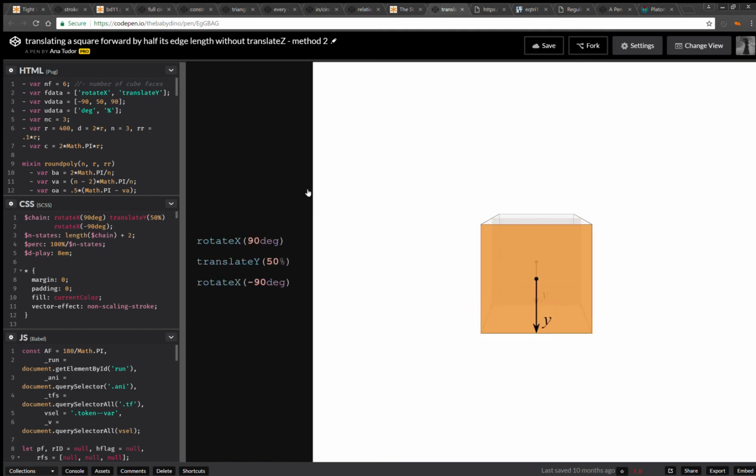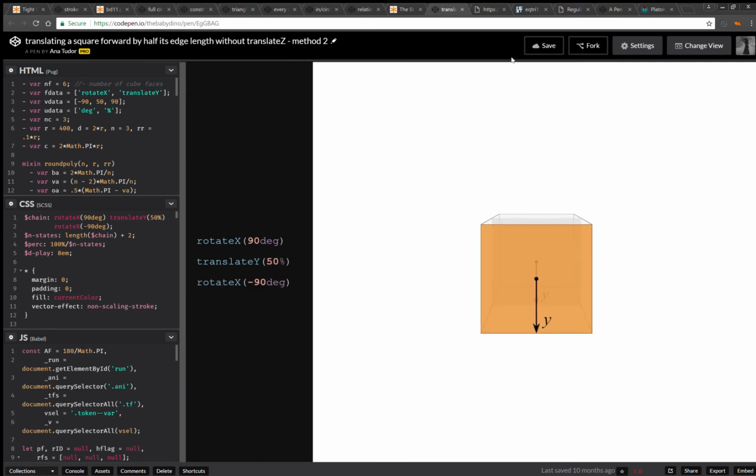It points forward out of the screen towards you. That's the rotate 90 degrees. Then it's translated along the y-axis, which now goes out of the screen forward towards you. And it's brought in the right position, but it needs to be rotated again so that it's vertical again, because rotated by 90 degrees, it's horizontal.